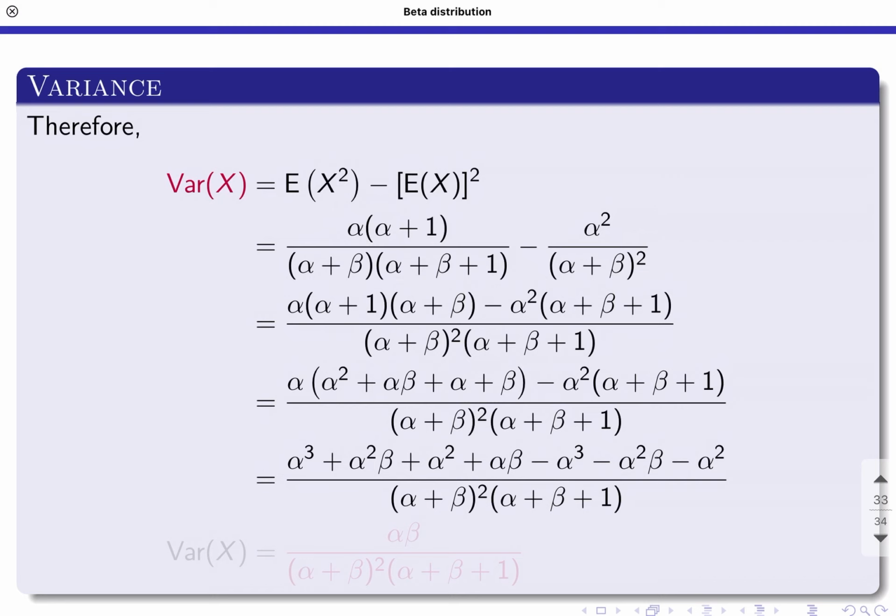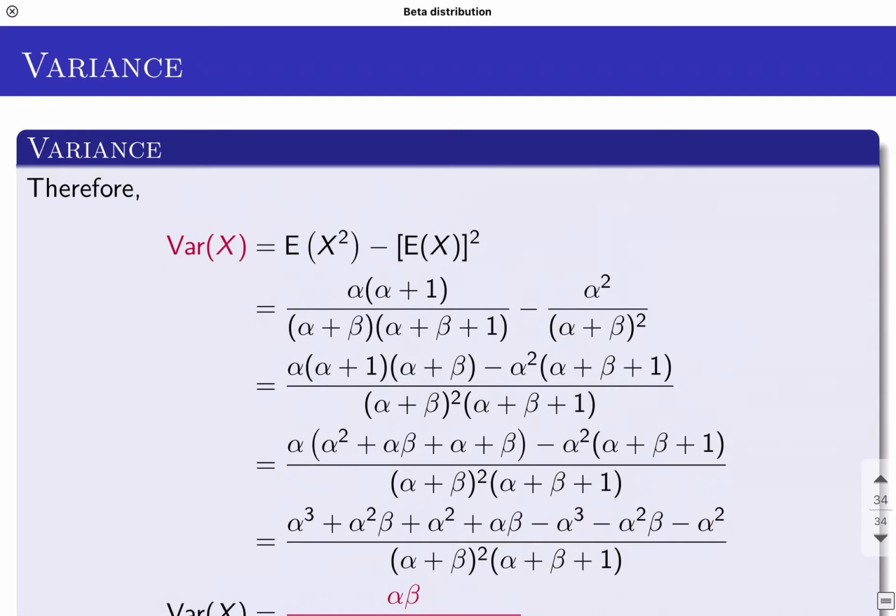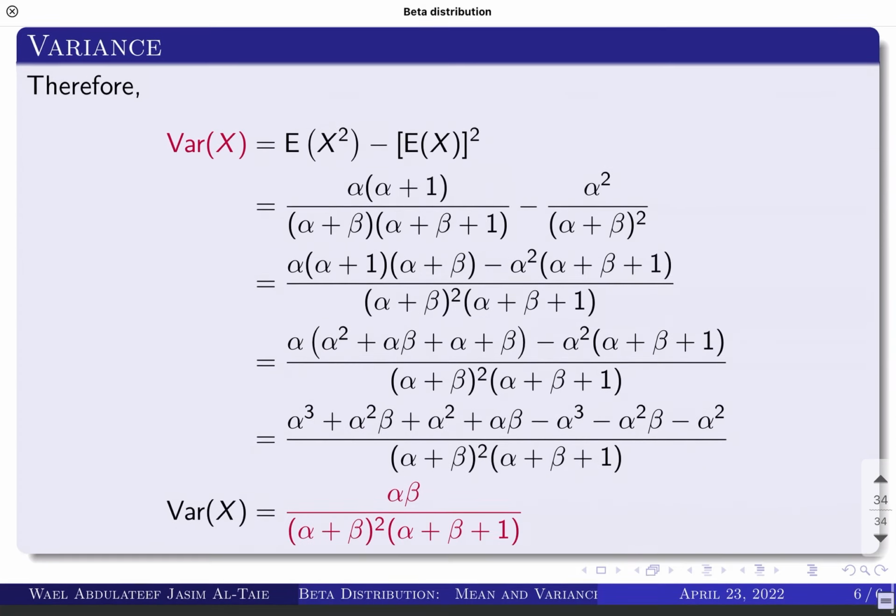Alpha cubed cancels with minus alpha cubed, alpha squared beta with minus alpha squared beta is 0, and alpha squared with minus alpha squared cancels. What is left in the numerator is just alpha beta, and the denominator is alpha plus beta all squared times alpha plus beta plus 1, as you see in this slide.